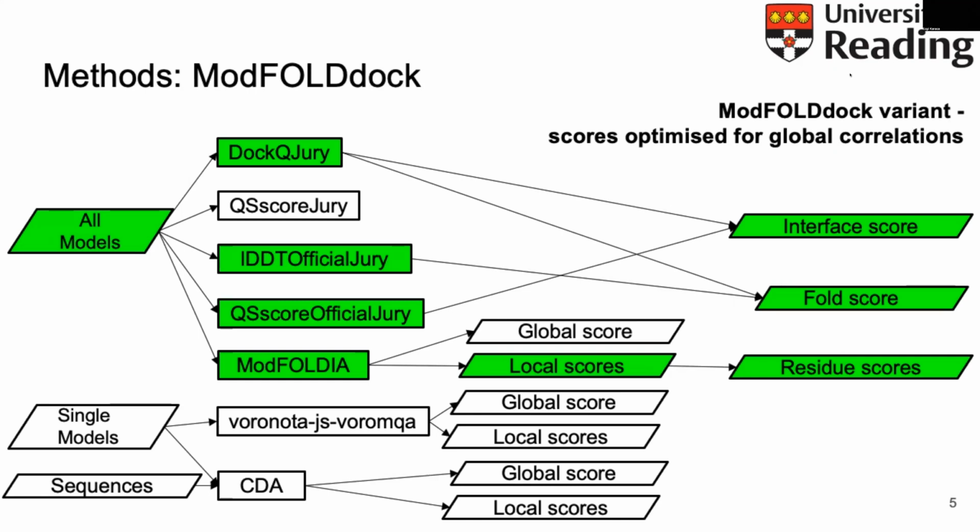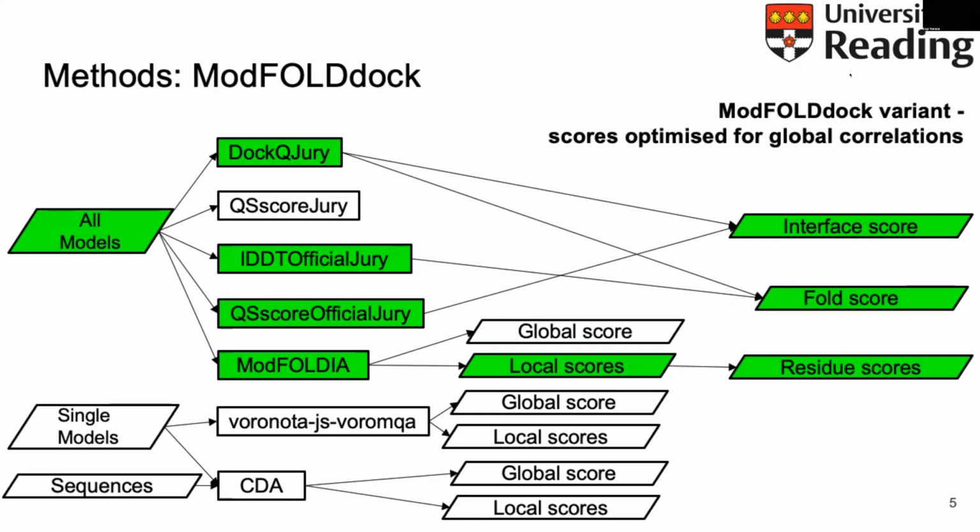Highlighted in green on this slide are the components that contribute to the overall scores for ModFOLDdock, and the arrows indicate how they contribute to each score. So the .q and QS score contribute to the overall interface score in this case, while the .q and LDT score contribute more to the fold score.